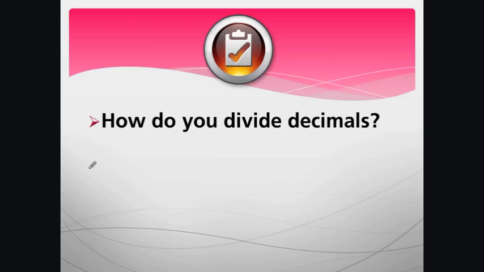First, we need to make sure that our divisor is a whole number. So if we move the decimal point in our divisor, we also need to move that same amount in our dividend. And then we need to place the decimal in the quotient to reflect the placement of the dividend. And then from there, you can divide your values.